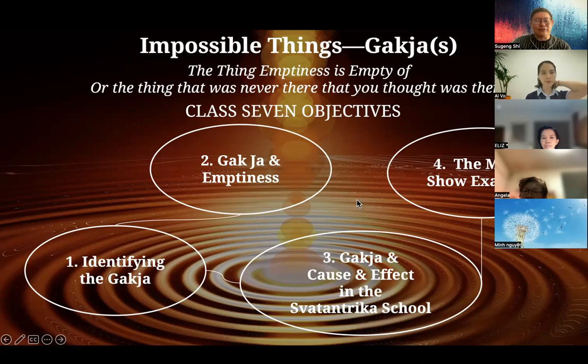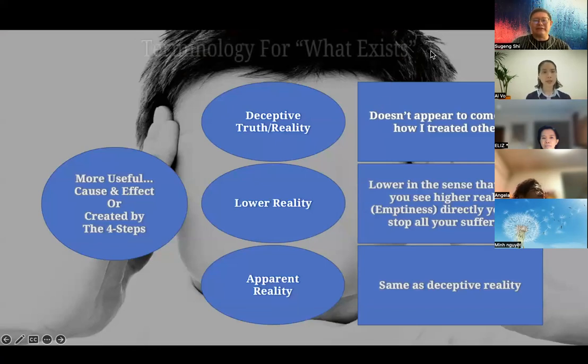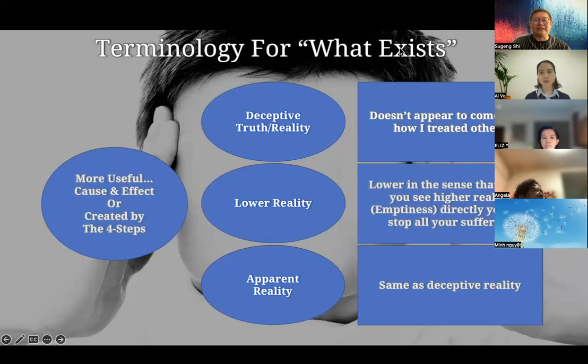So this is how we want to approach the session today. Now, let's learn some of the terms. What exists? What does it mean to exist? I think we are used to the term deceptive reality, which is the same as apparent reality and the lower reality.